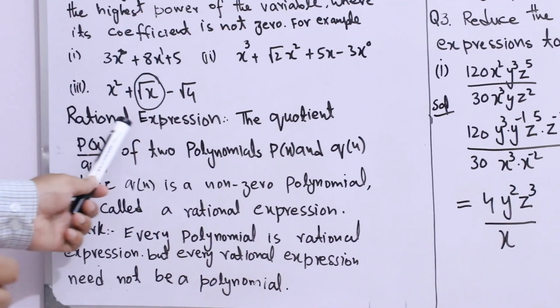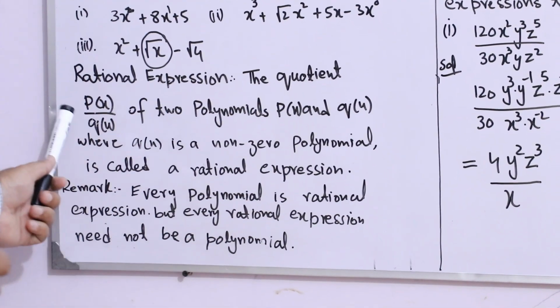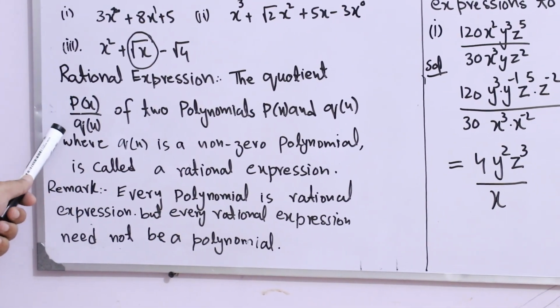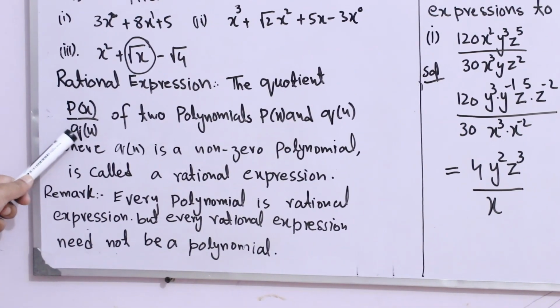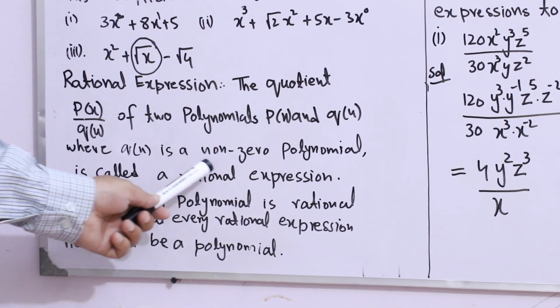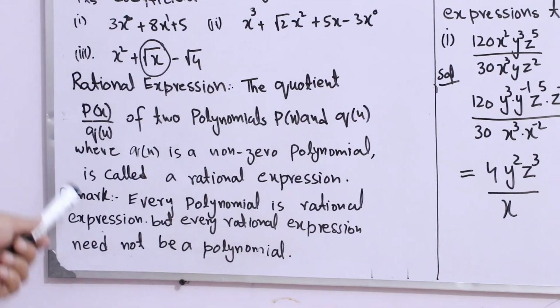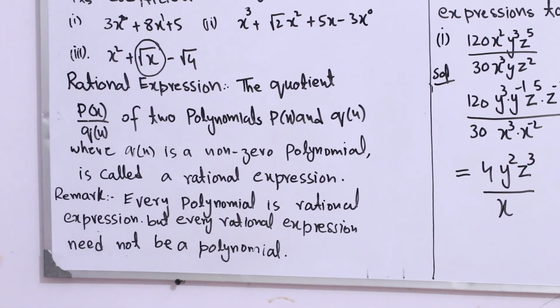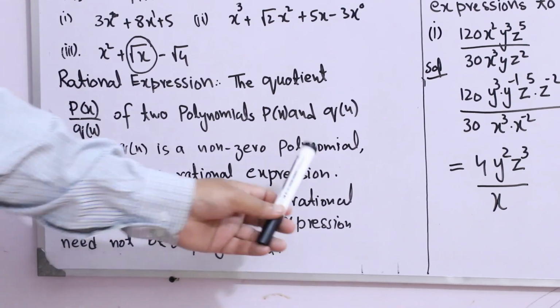Next concept is rational expression. The quotient p of x over q of x of two polynomials, p of x and q of x, where q of x is a non-zero polynomial, meaning q of x is not equal to 0, is called a rational expression.